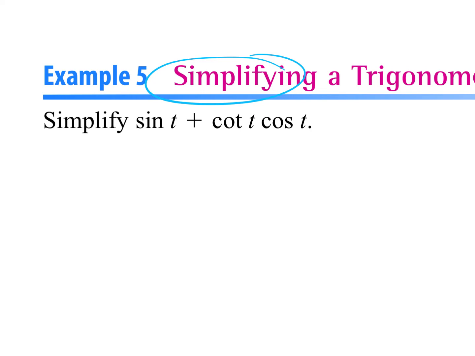So how could I change cotangent to be in terms of sine and cosine? What is it? Cosine over sine. Now again, here we have t's instead of x's. Same thing, just a different variable.